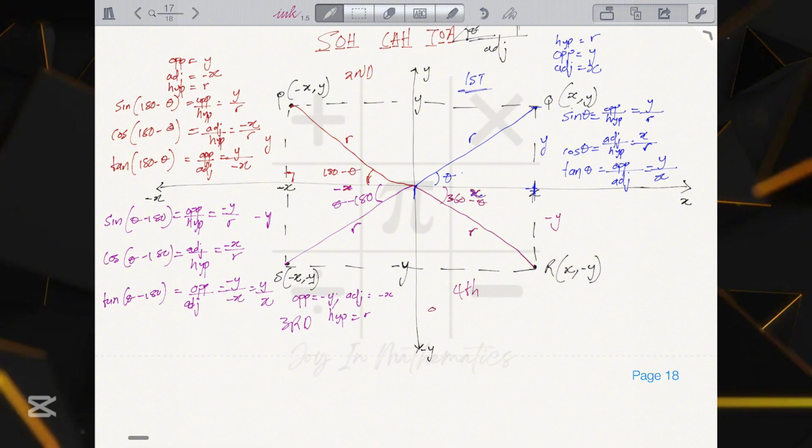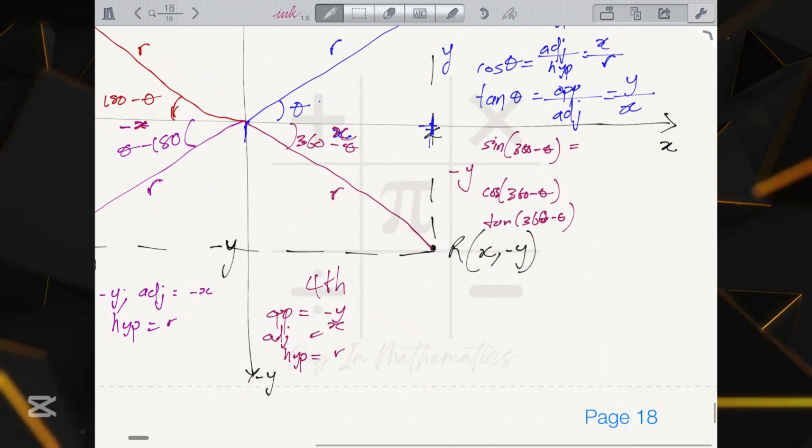So let's rewrite. Our opposite is equal to minus y, our adjacent is equal to x, and our hypotenuse is equal to r. So we will evaluate for sine 360 minus theta. We evaluate for cos 360 minus theta, and we evaluate for tan 360 minus theta. Sine is simply opposite over hypotenuse. The opposite in this case is minus y.